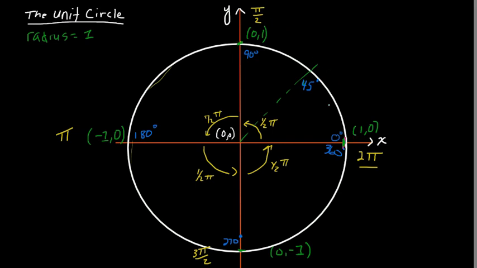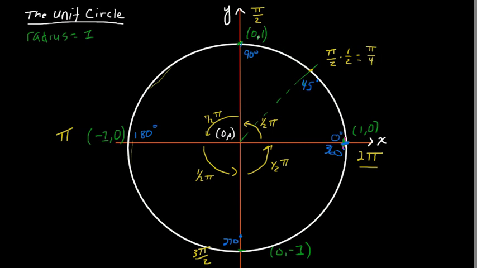Well, if it's 0 here on the x-axis and pi over 2 is all the way up here and we're 1/2 the distance between those two, it would be pi over 2 multiplied by 1/2 because it's 1/2 the distance, which is just pi over 4.